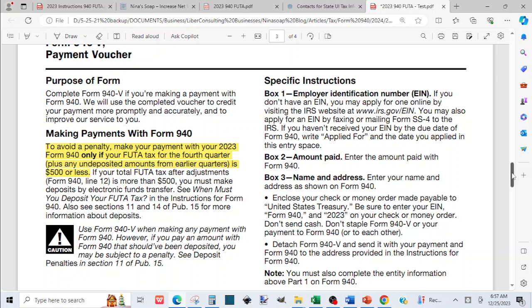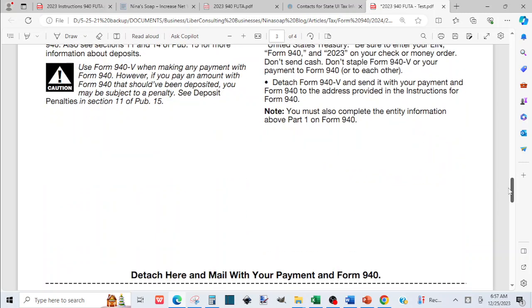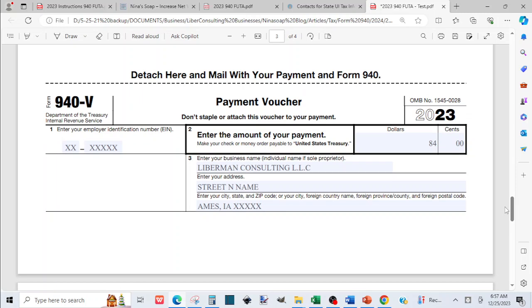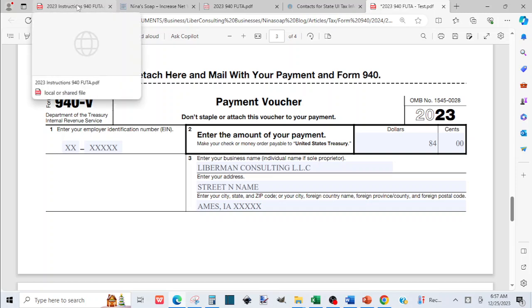So now, how do you mail Form 940 with payment to IRS, or where do you mail Form 940 FUTA tax in 2023 with payment? Or again, where do you mail 2023 Form 940 with payment?